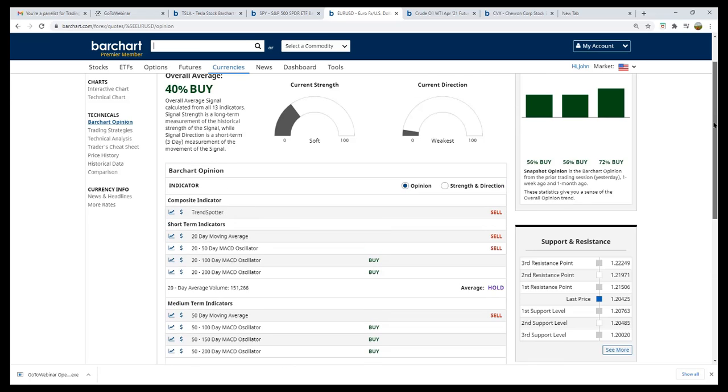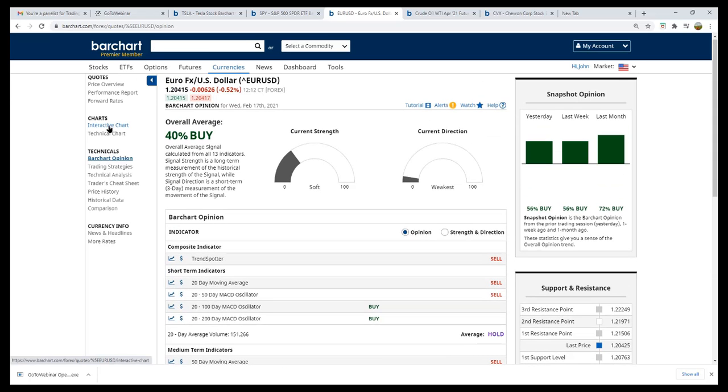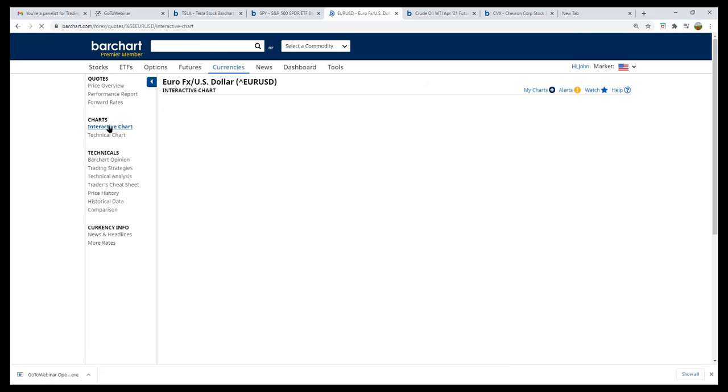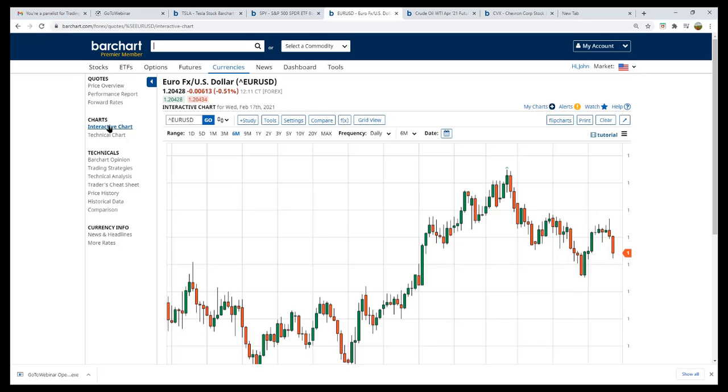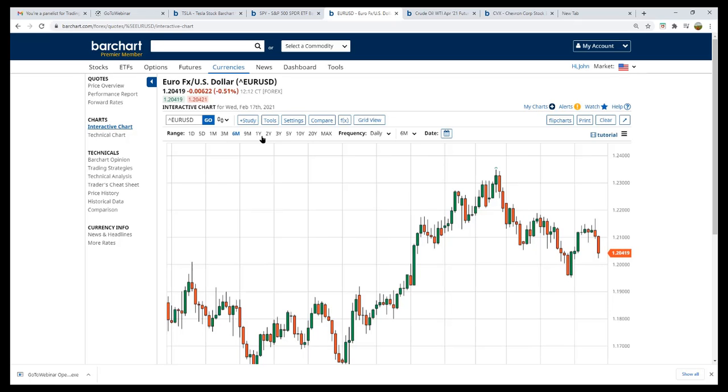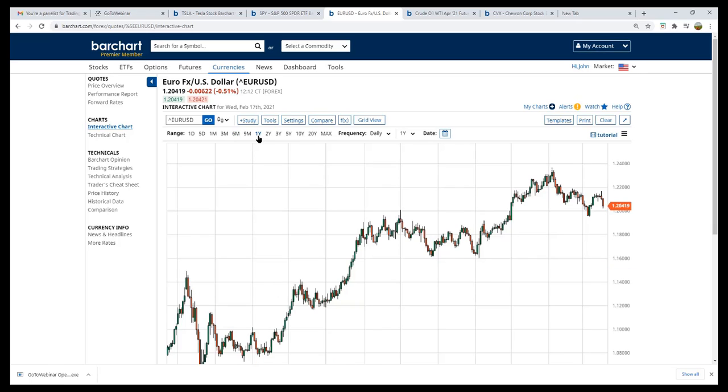So if I go to that chart, and let's look at a little bit longer period of time so you can kind of see that. We see this trend has been in an uptrend.